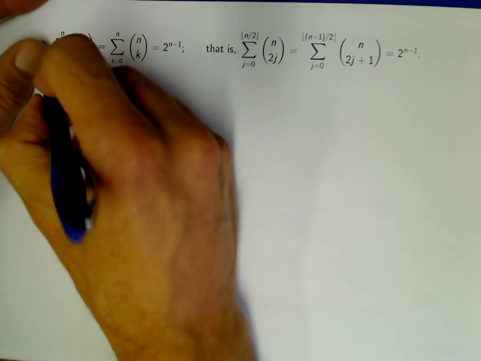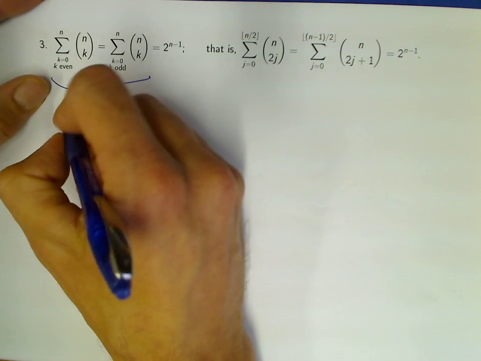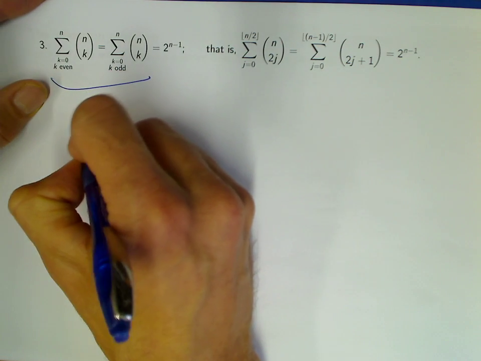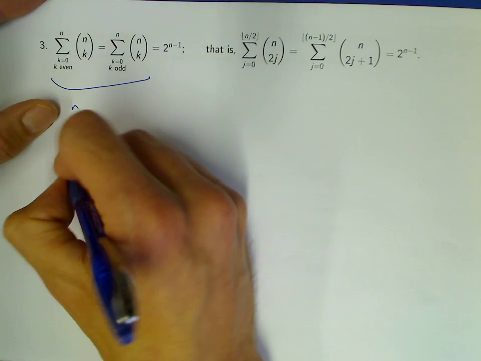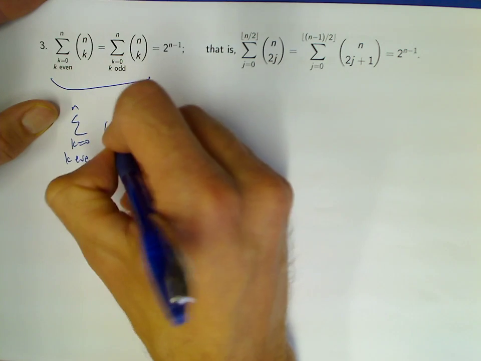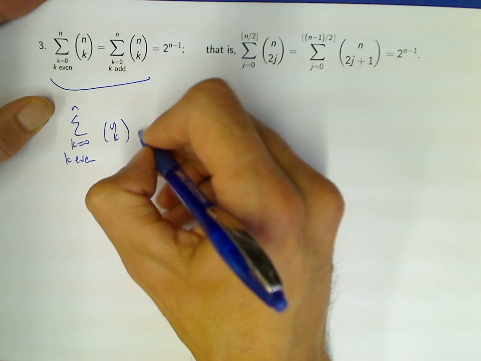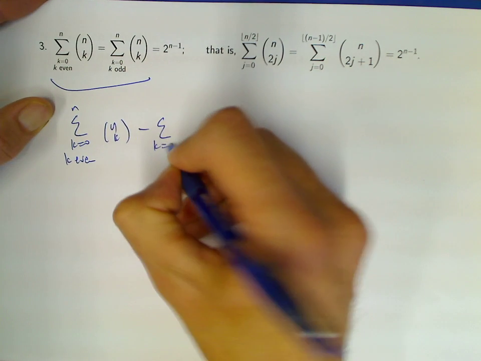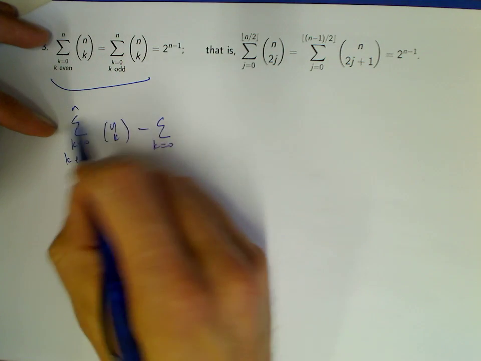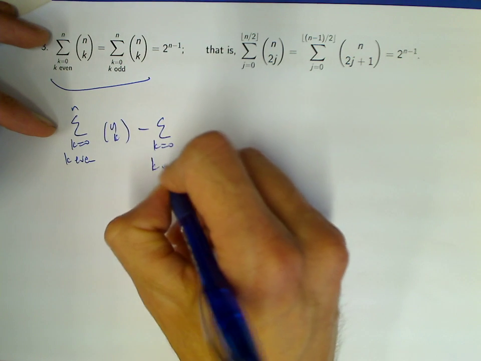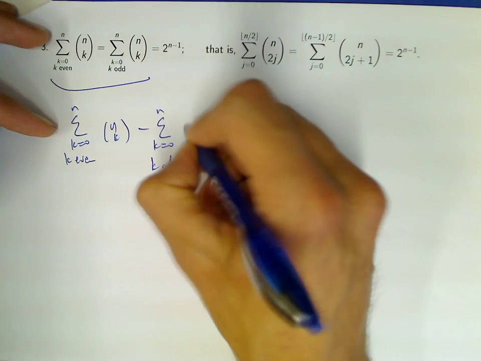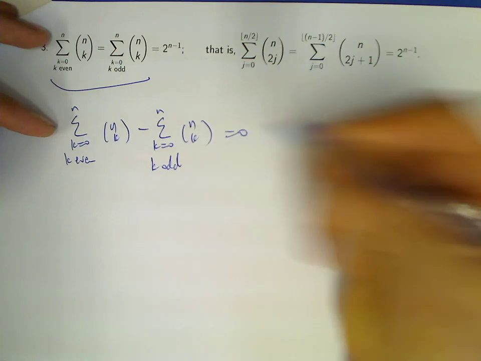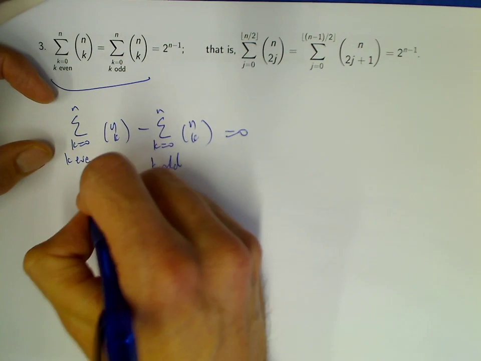Right, so what we've figured out is that the sum k equals 0 to n, k even, of n choose k, minus the sum with k odd of n choose k, is equal to 0, and so these two things are equal.